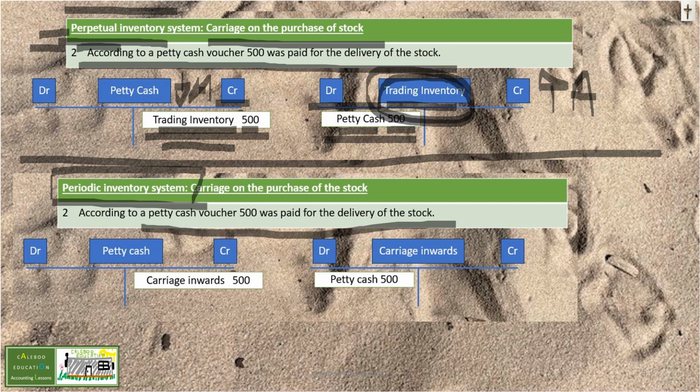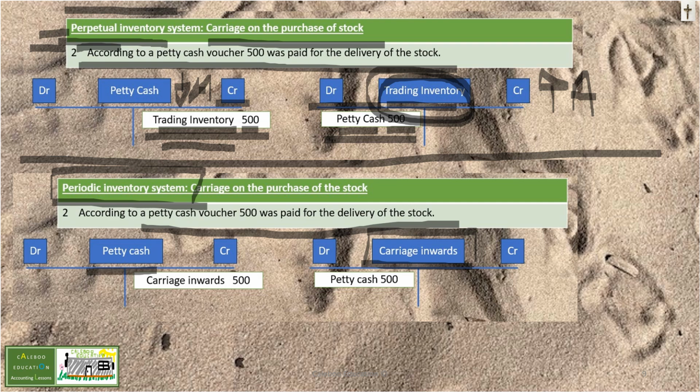Any transport costs or taxes with regard to transactions relating to stock inventory get recorded separately. In this case, there was carriage inwards. In the periodic inventory system, we open separate accounts for all those little extras with regard to trading inventory.